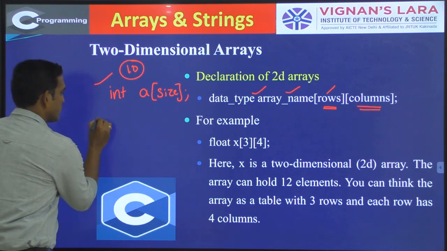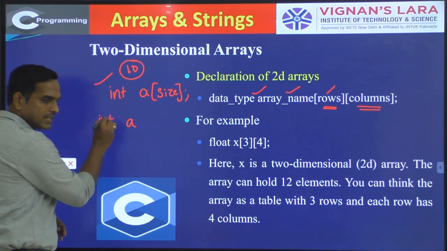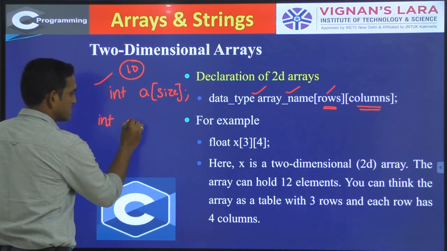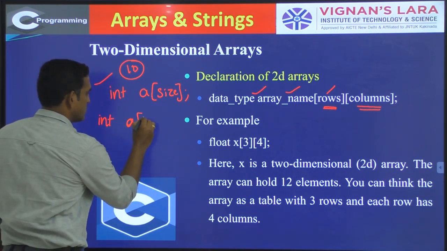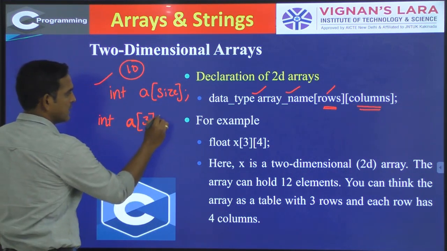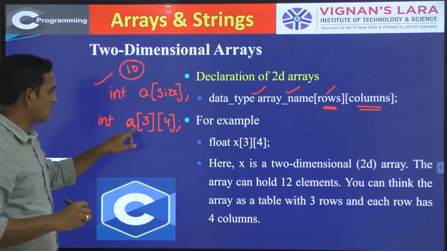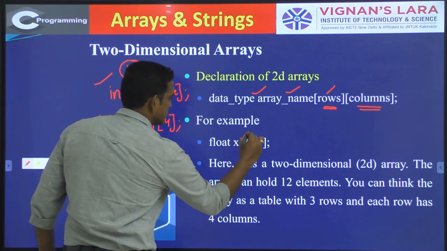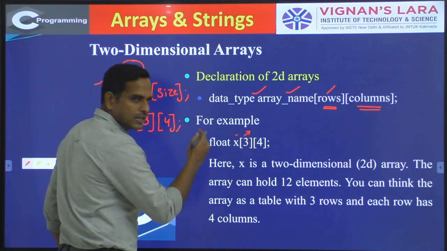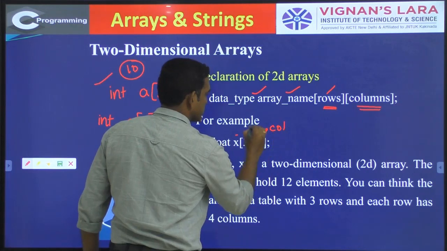So, you specify the data type first, after that the array name, then the row size, then the column size. Wherever you specify, the first subscript implies the rows and the second subscript implies the columns.